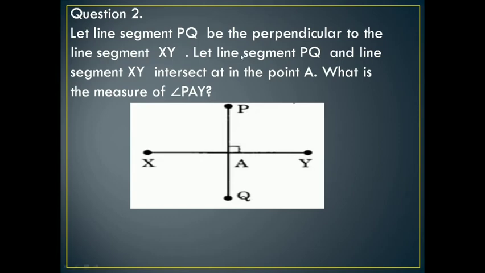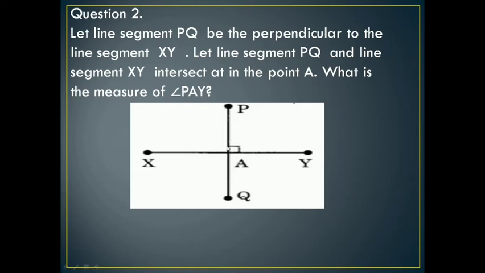Look here, this PQ is a vertical line segment and XY is a horizontal line segment, and they are intersecting with each other at point A and they are making a 90 degree angle.